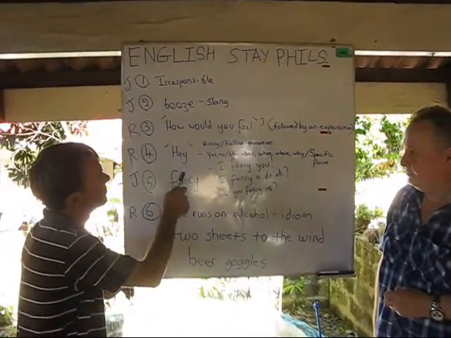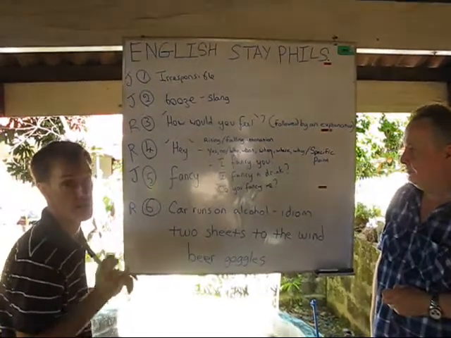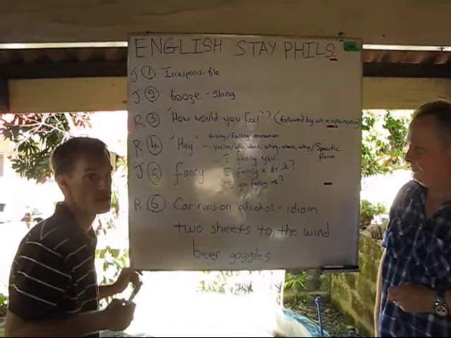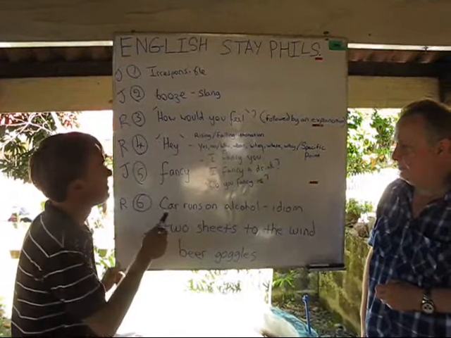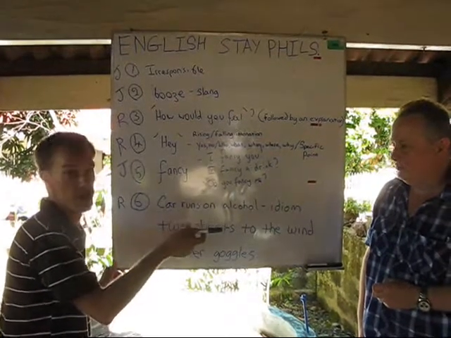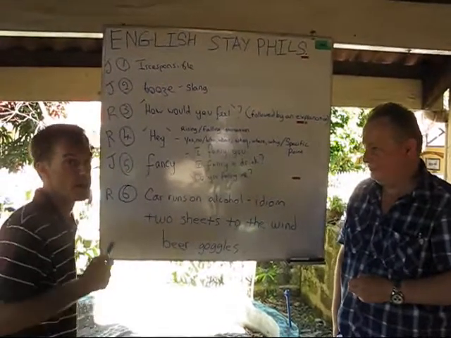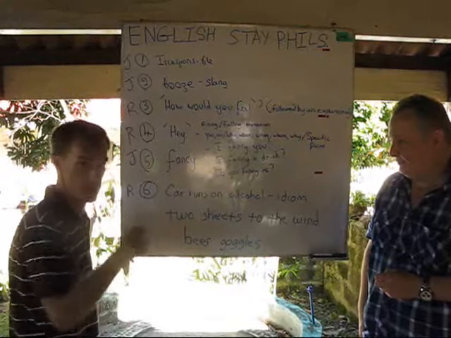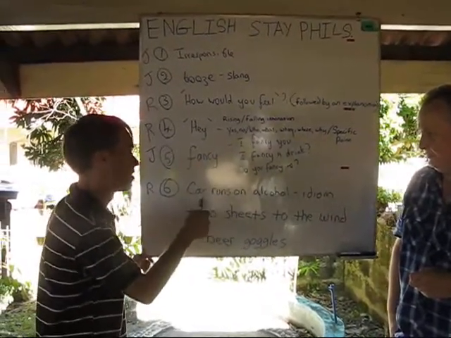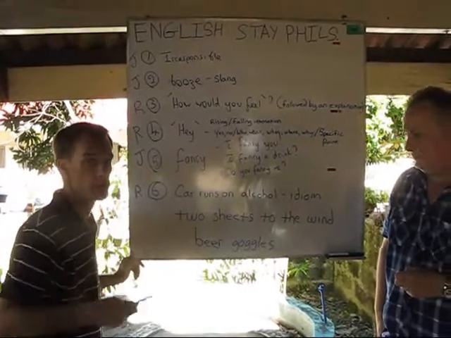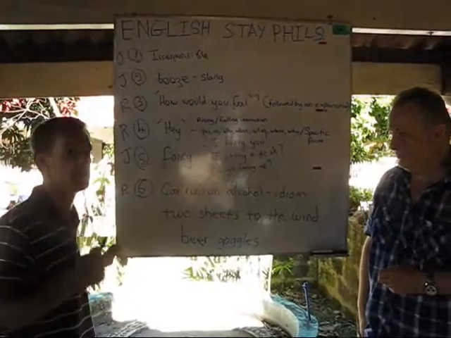And hey is going to be used with a specific type of intonation, and then we are going to explain the difference of rising and falling intonation. And fancy is more of an explanation, because there's a small difference between American English and British English, which we'll discuss later on. And this is an idiom: car runs on alcohol, and we're going to explain some idioms and have a few other examples of idioms.